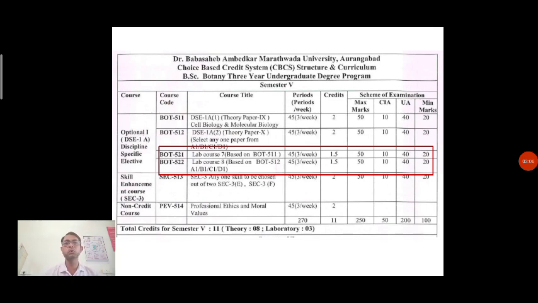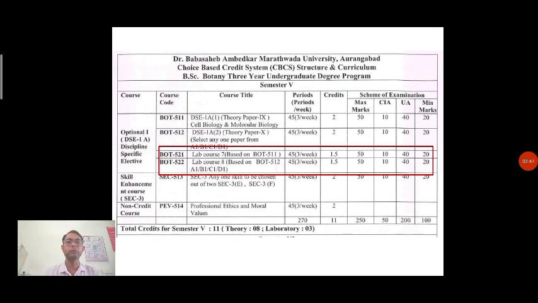Now based on these two core subjects, there are two different practicals. So Bot 521 and Bot 522 are the lab course 7 and lab course 8 respectively. They are based on the above said subjects. These also have 45 lectures per semester, with 50 marks as the maximum marks. Again, the continuous internal assessment is 10 marks and 40 marks is the university assessment.